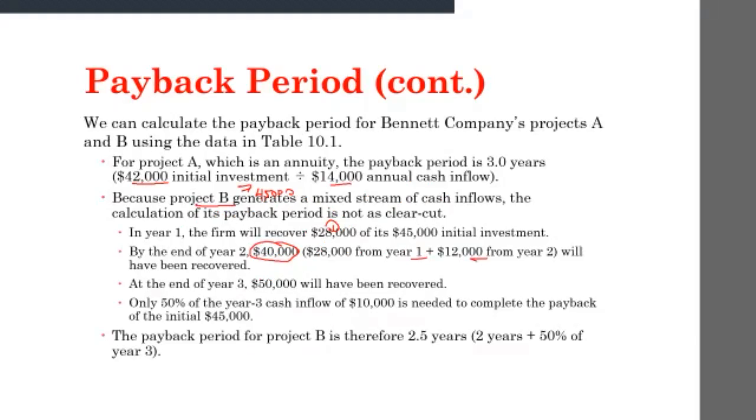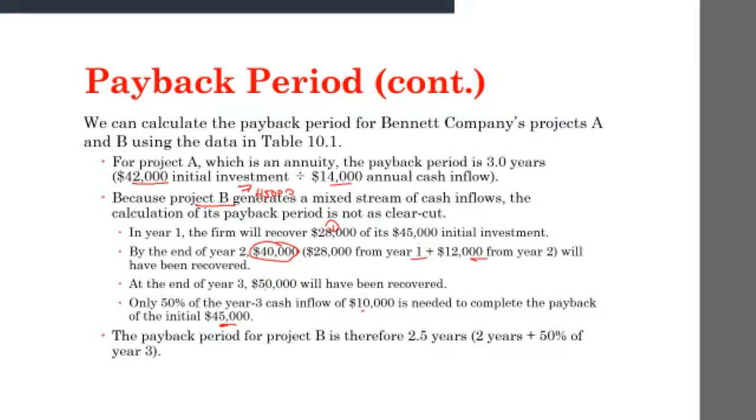So at the end of year 3, the $50,000 will have been recovered. So we only need 50% of year three's inflow of $10,000 to complete the payback period of the $45,000, right? At the end of year three, the project would have had 50,000, 40 plus 10.